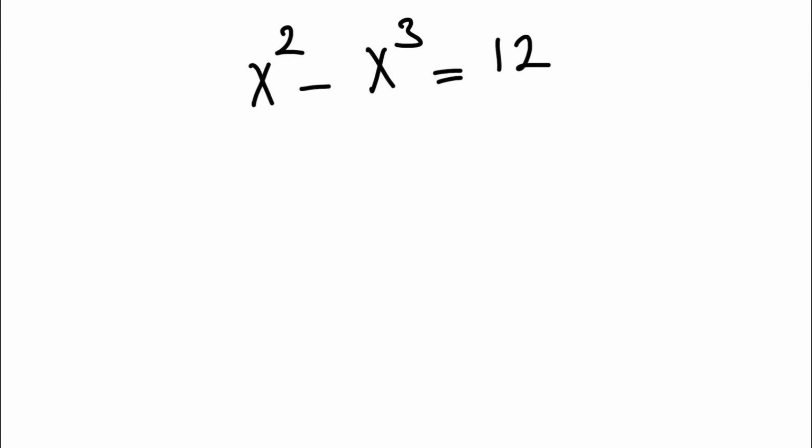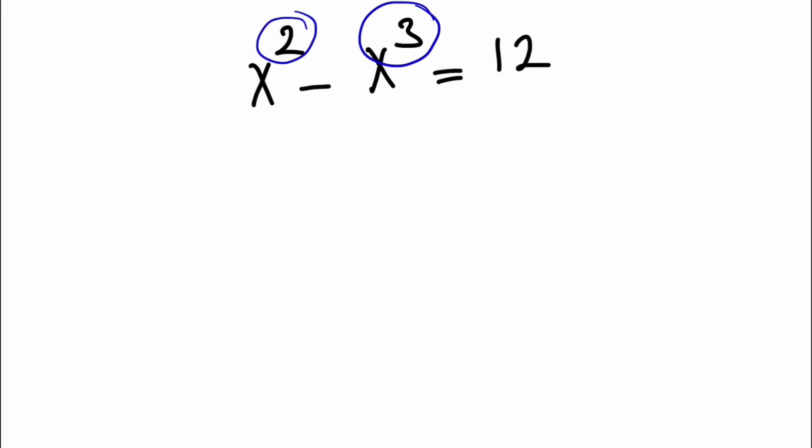We're going to be solving another question in today's video, and we have x squared minus x cubed is equal to 12, and we need to solve this equation for x. First thing, looking at these exponents of 2 and 3, usually these questions can be solved with a similar strategy.